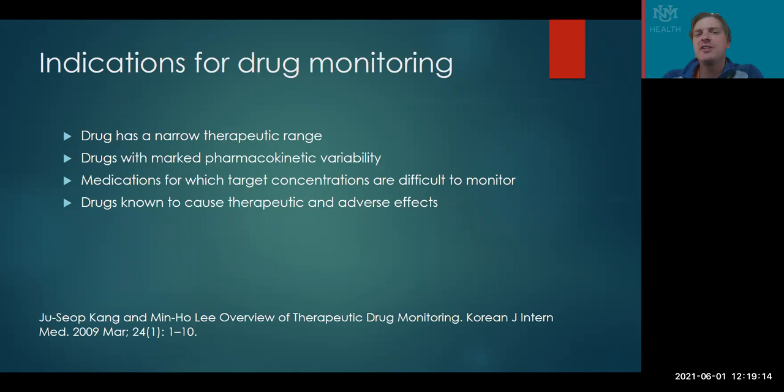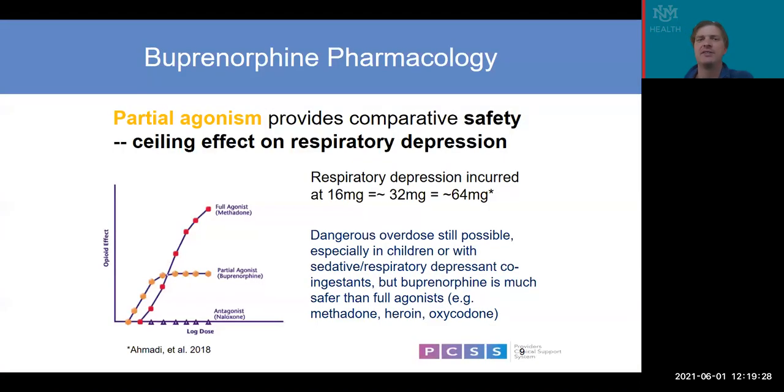And then drugs that cause therapeutic or adverse effects. I think this is a little bit of a broad area, but we're checking here. And I would suggest adding in, within the addiction realm, a little bit on verifying compliance.